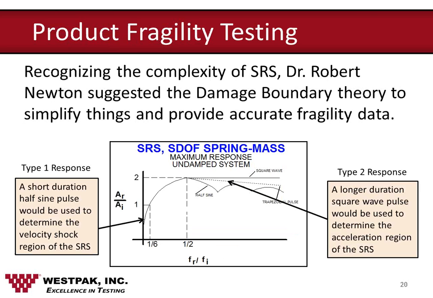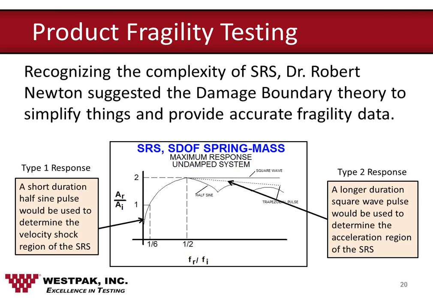Just when things were looking very complex in the area of product shock testing, our good old friend Dr. Robert Newton came up with the damage boundary theory to help simplify our lives and make product shock fragility testing much simpler. Dr. Newton recognized that there are two primary tests involved in fragility testing.